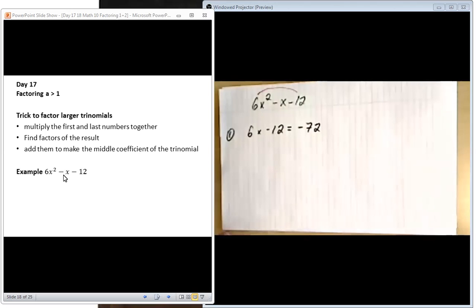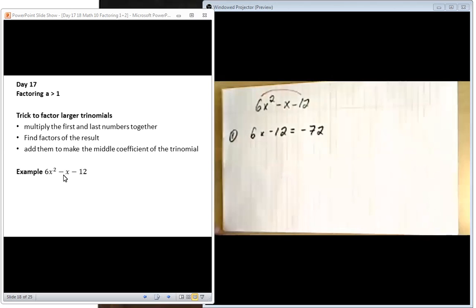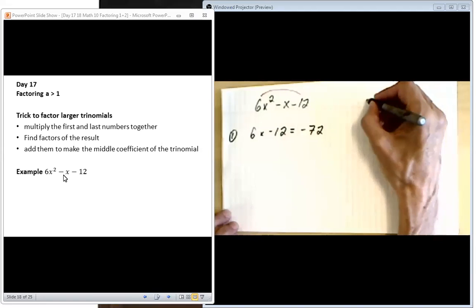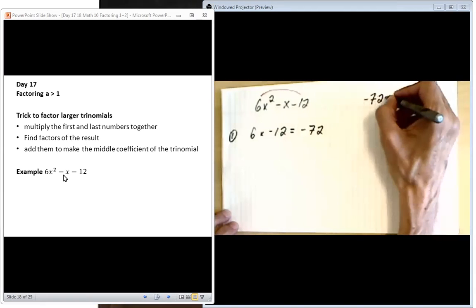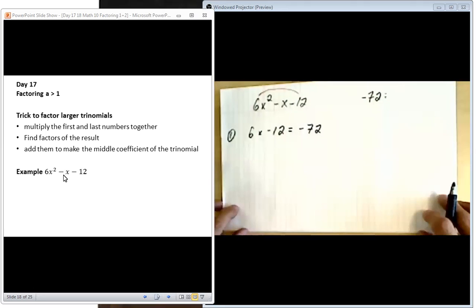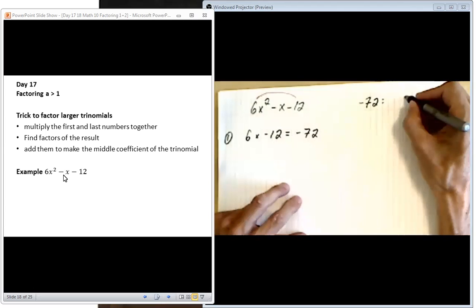Starting to be big. Now, just like before, you write out the factors of negative 72. So what do you get? 8 and 9 for sure, but here's what happens.